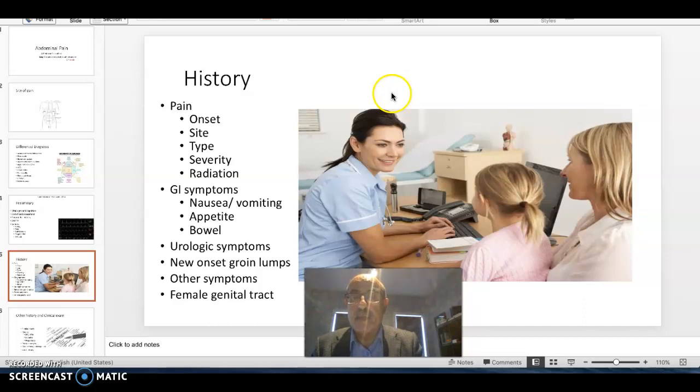We need to ask them whether there is any lump in the groin, and that's relevant to small bowel obstruction and hernias, particularly femoral hernia in elderly patients. The patient often is not aware that they have a hernia, and you need to pay close attention to that and test it.